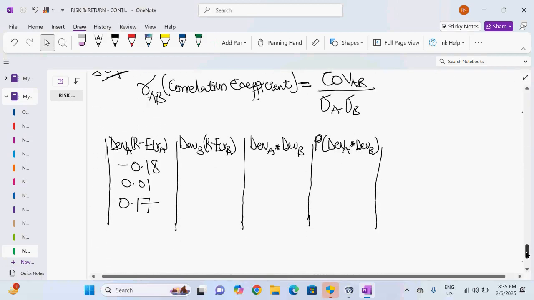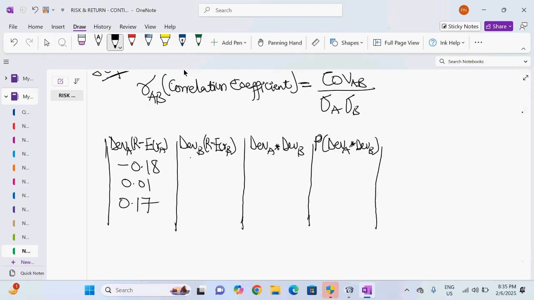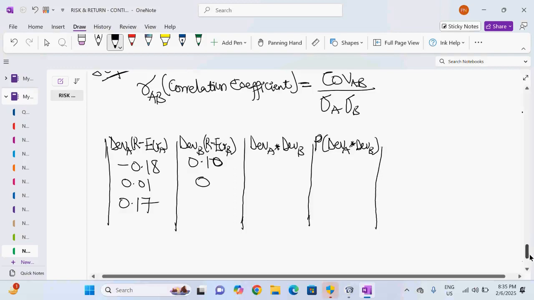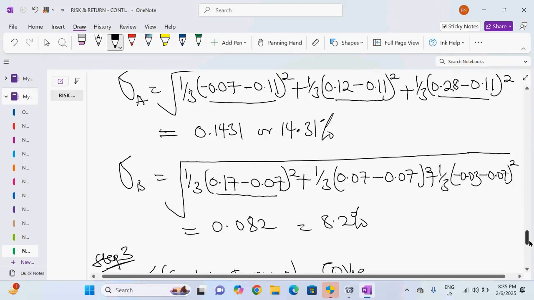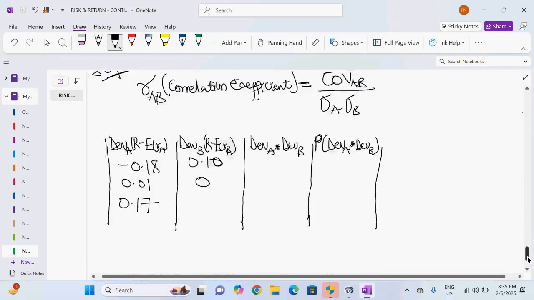Is it the first one for B? 0.10. And the second one is 0. What of the last one? Negative 0.1.